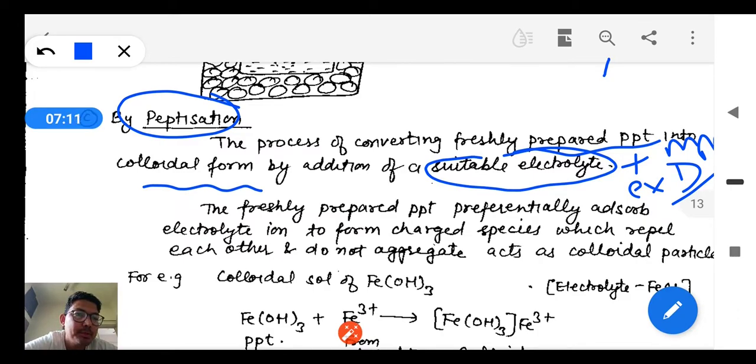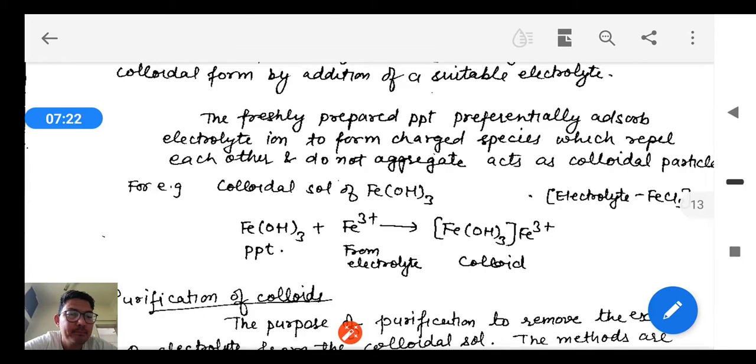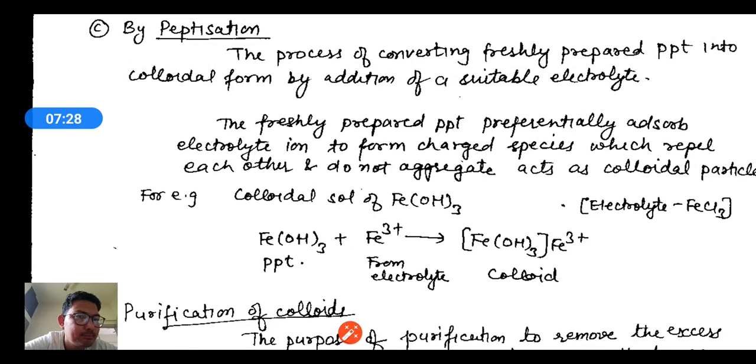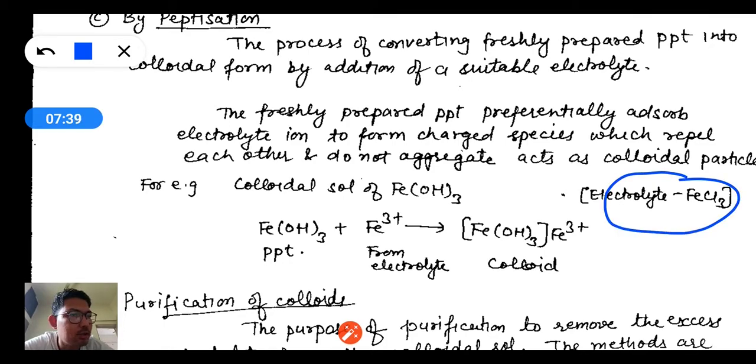Freshly prepared precipitate preferentially absorbs the electrolyte ion to form charged species. Now you need to understand this. You see, this is ferric hydroxide and this is the ferric ion which is coming from the electrolyte. Now if I say the electrolyte is ferric chloride, it is a salt, na? So salts are electrolytes.